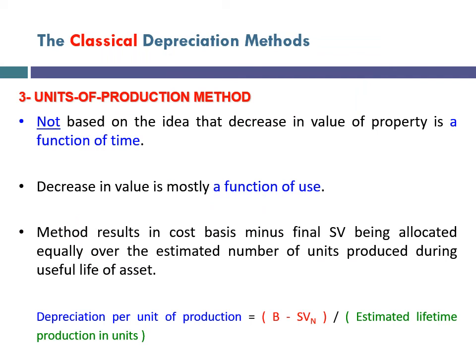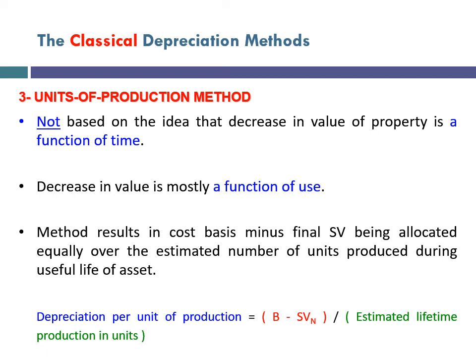The final depreciation method that we are going to learn has a difference between these straight line and declining balance methods. It's called the units of production method. So we said that the depreciation is the loss of value due to time or use. Declining balance and straight line methods consider the time.